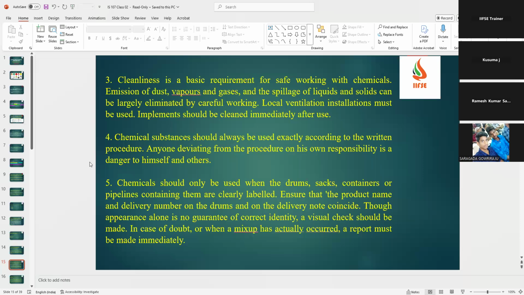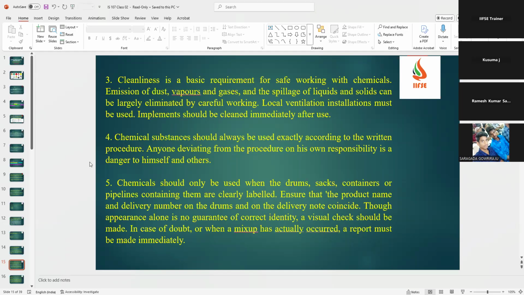And ensure that the product name and delivery number on the drums and on the delivery note coincide. The appearance alone is not a guarantee of correct identity, so a visual check should be made. In case of doubts, or when a mix-up has actually occurred, a report must be made immediately. So basically, to summarize, whatever chemicals you are handling, all the containers should have labeling with the chemical name and product name, when delivered.